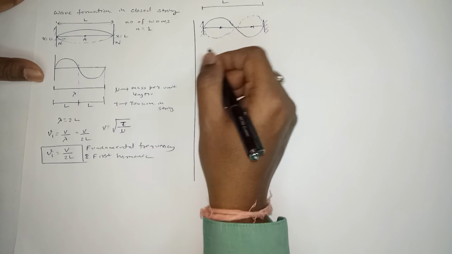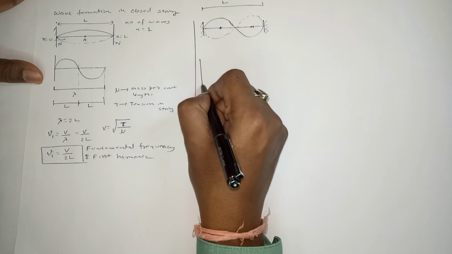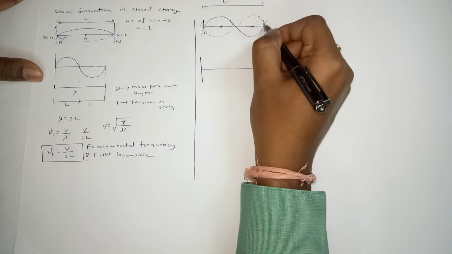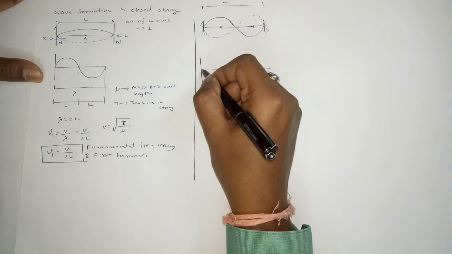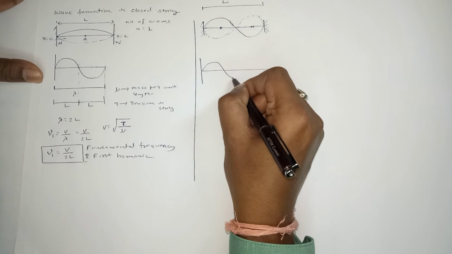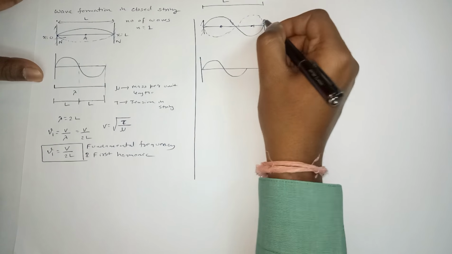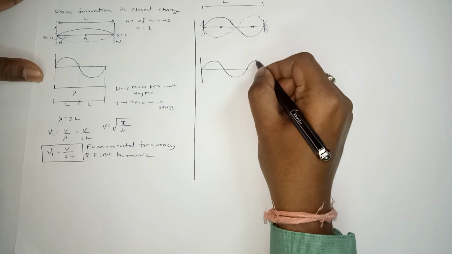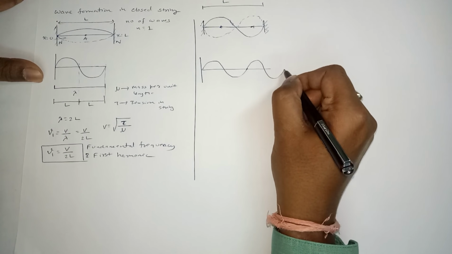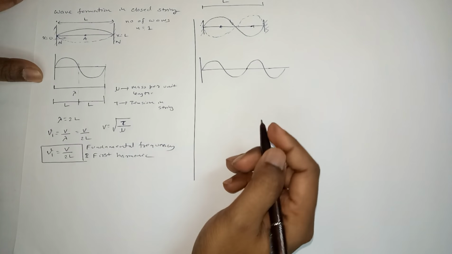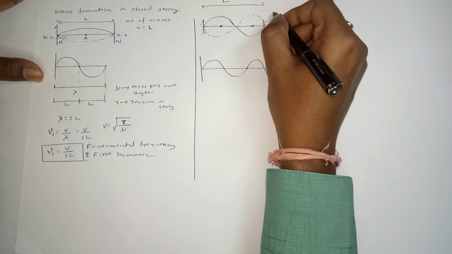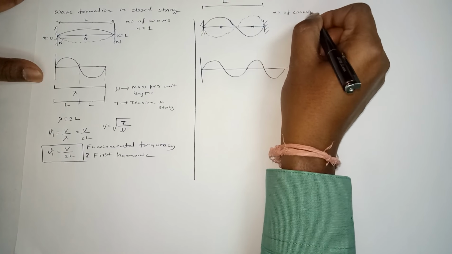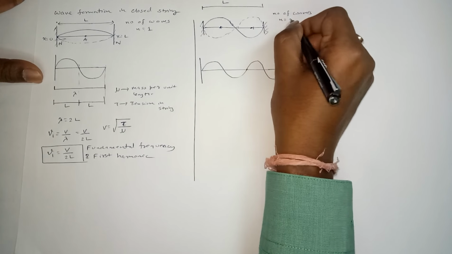You can see that this is one wave, and this is the second wave. So we can see that there are two waves, so the number of waves n is equal to 2.